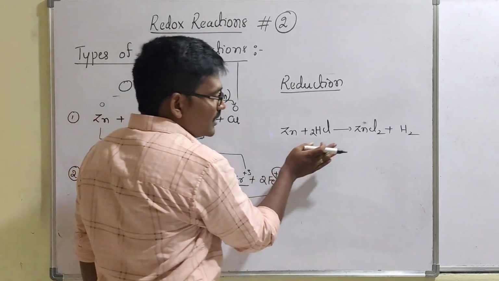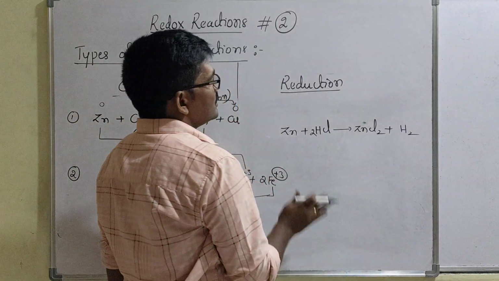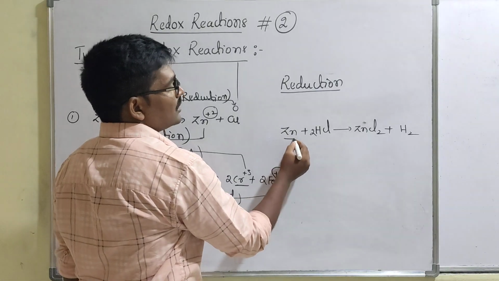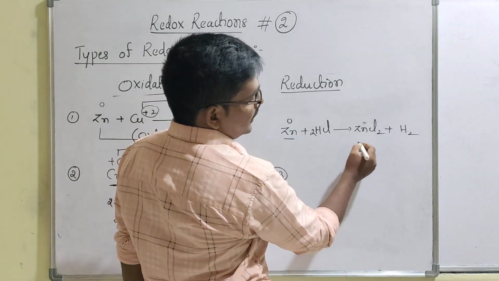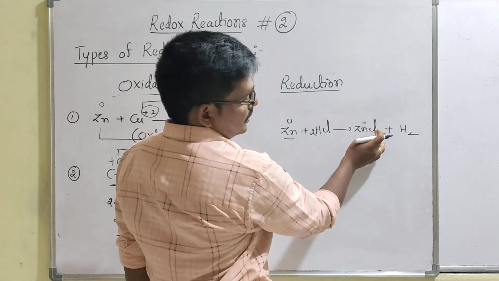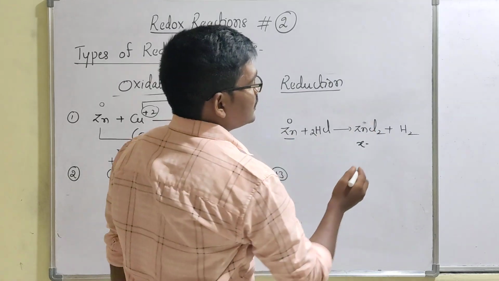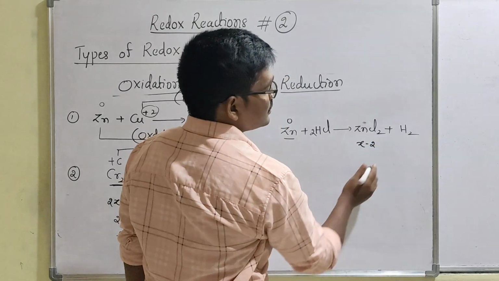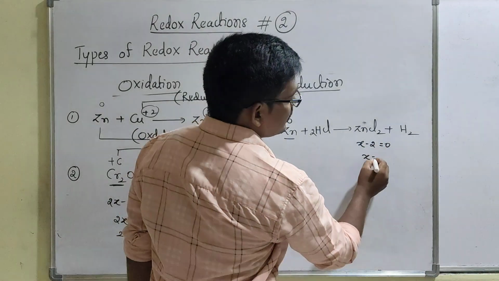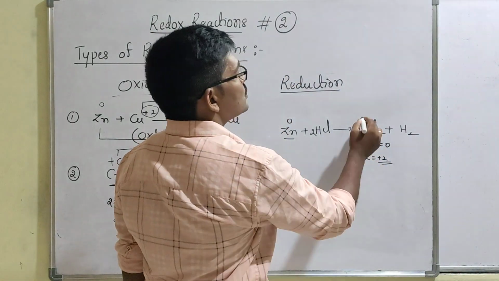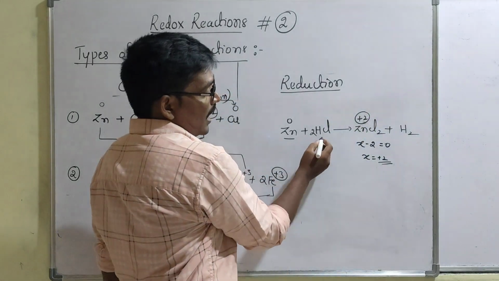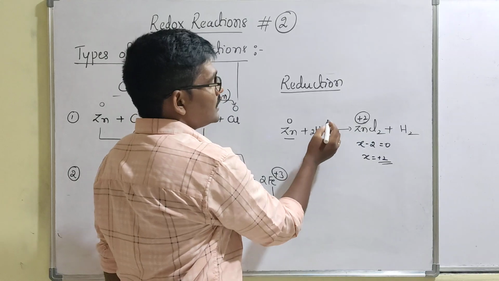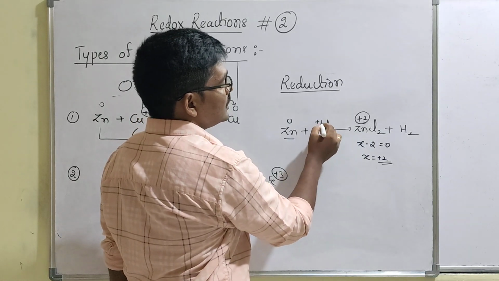So look at, even this is also one of the redox reactions. So in this redox reaction, zinc 0 is the oxidation state. Then X minus, each chlorine minus 1 oxidation state, 2 chlorines are there, 2 minus, then equals to 0. Then X equals plus 2 oxidation state, right? So Zn plus 2 oxidation state. Then hydrogen, if you take, plus 1 oxidation state.